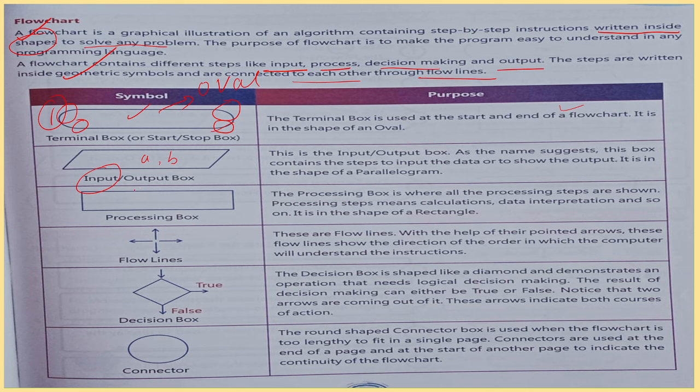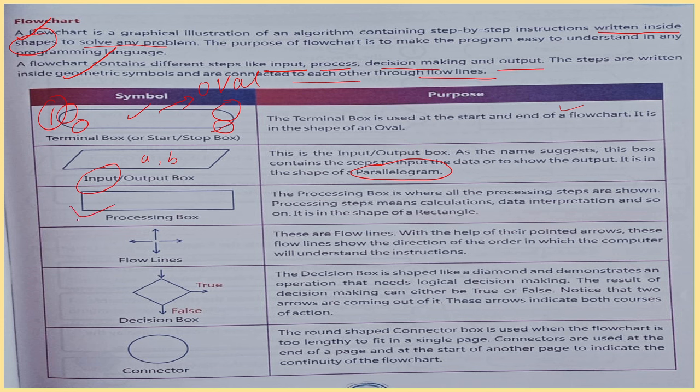Basically, as the name suggests, this box contains the steps to input data or show the output. It is in the shape of a parallelogram, जिसको हिंदी में समांतर चतुर्भुज भी बोलते हैं. ठीक है.